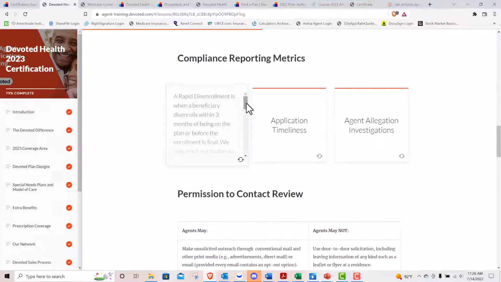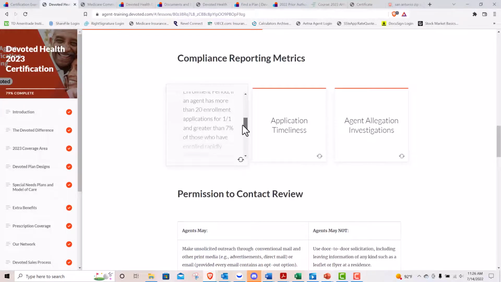Rapid disenrollment means that they disenroll within 3 months of the plan acceptance. That would be a 100% commission reversal. And if you have more than 20 enrollment applications for January 1st and greater than 7%, so that means 8% of 20... well, why can't my brain do this?